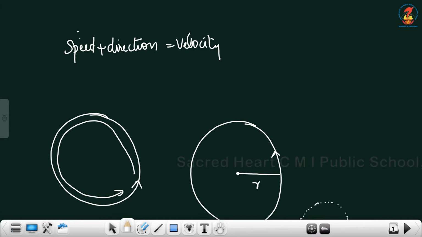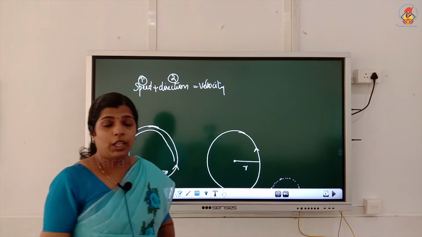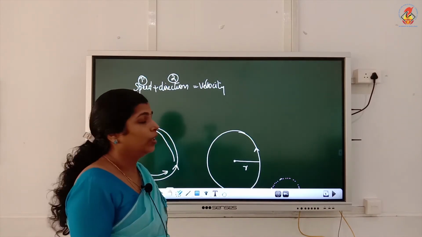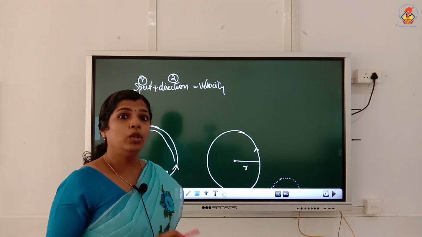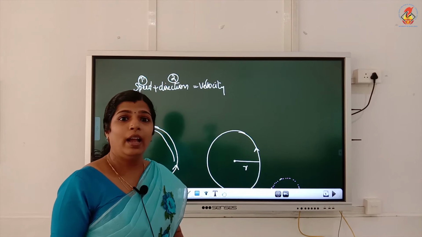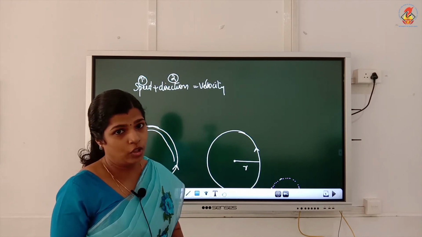First, we can change the speed without changing the direction. Second, we can change the direction without changing the speed. Third, we can change both direction and speed.